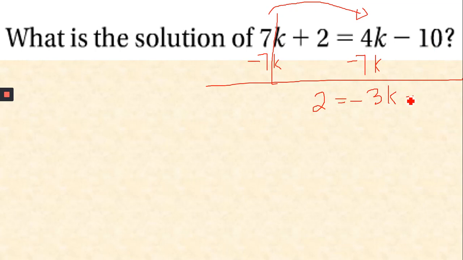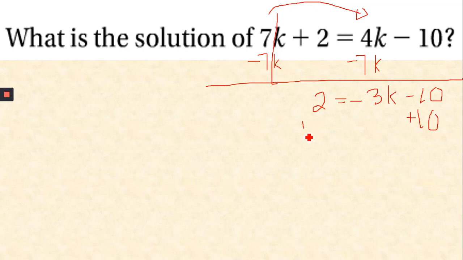Bring down negative 10. We're going to combine all similar terms. 2 and negative 10 are similar terms. So we need to put this one on the left side of the equation. All we need to do is get the opposite. And the opposite is positive 10.